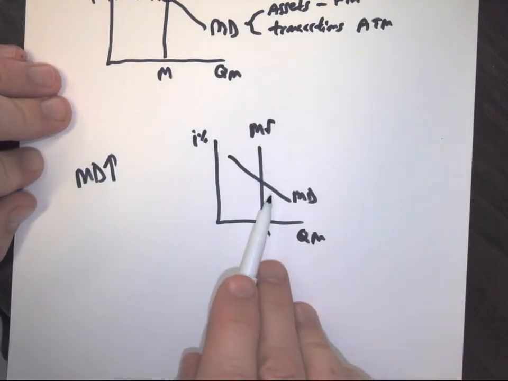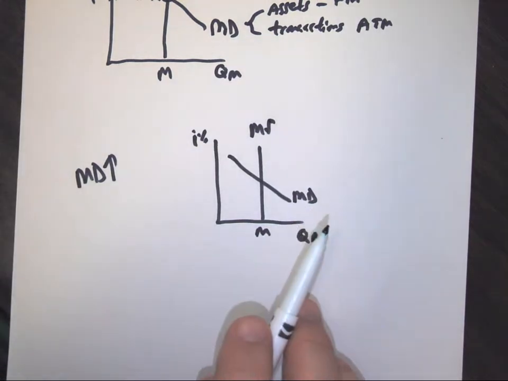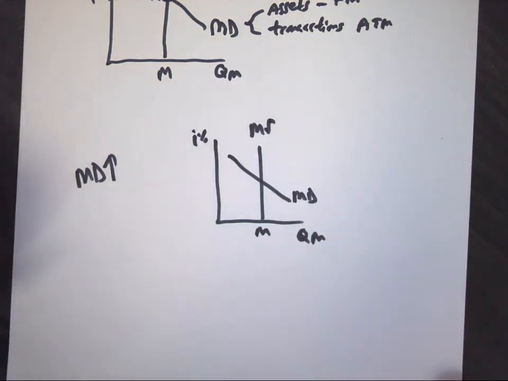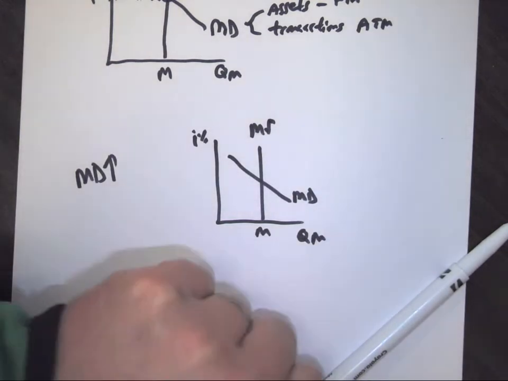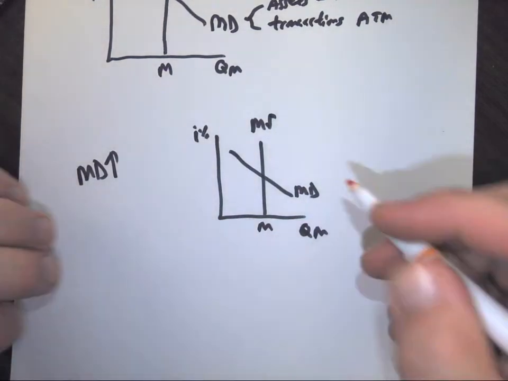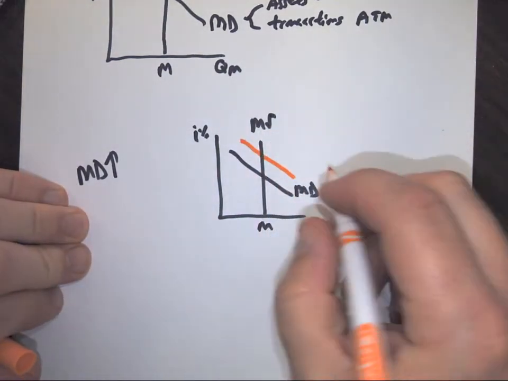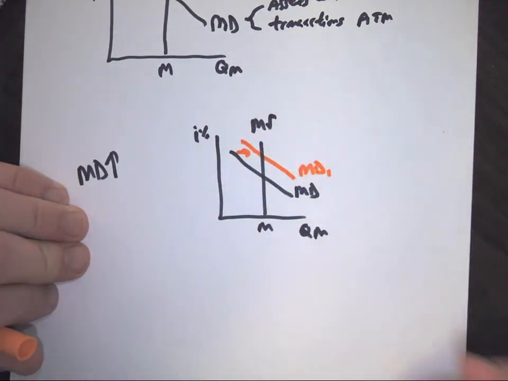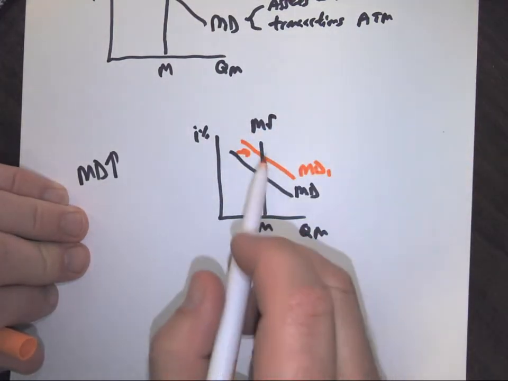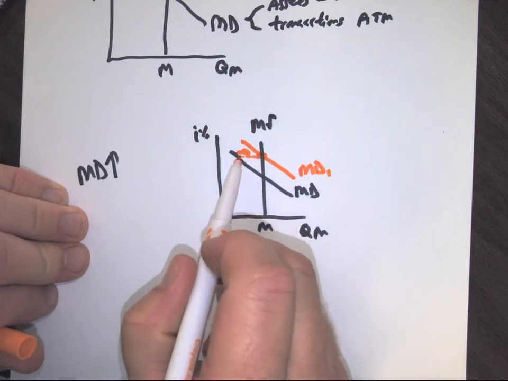So if this is going to increase, so say all of a sudden money demand increases, do you think that's going to be good or bad for the economy? Well, people don't like high interest rates. So let's say money demand increases. That means I'm going to shift this, what looks like up, well, we'll still call it to the right, and we would have a money demand increase. Okay, so now look where it crosses right here.